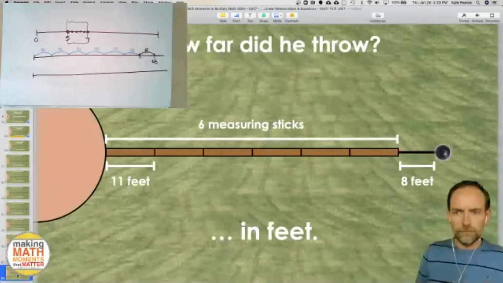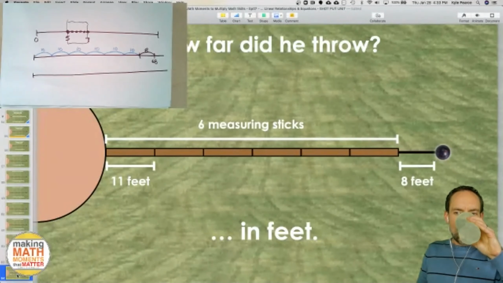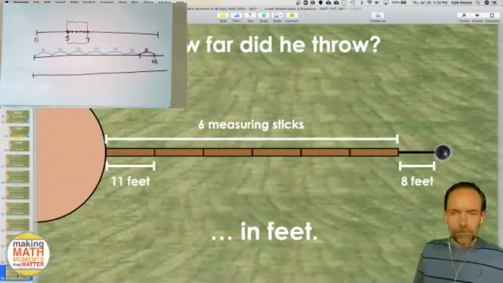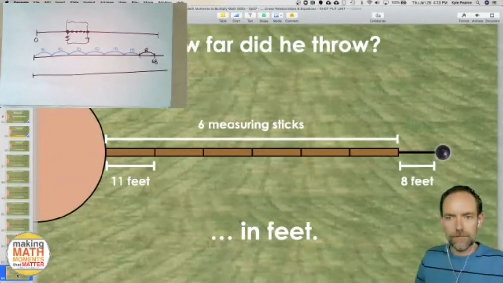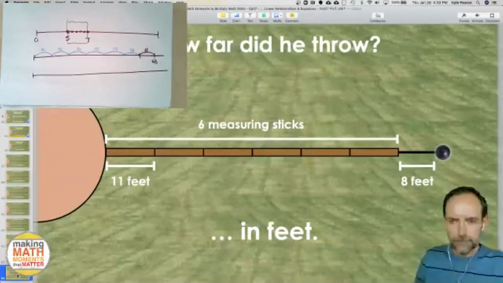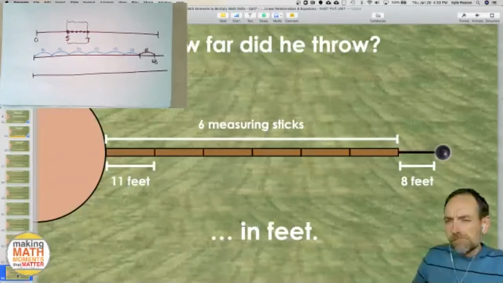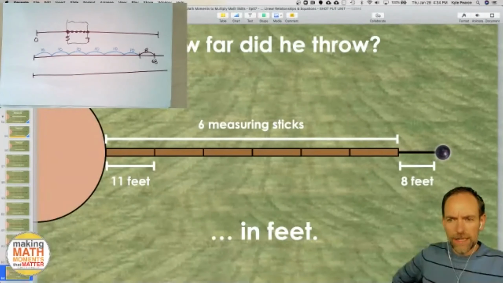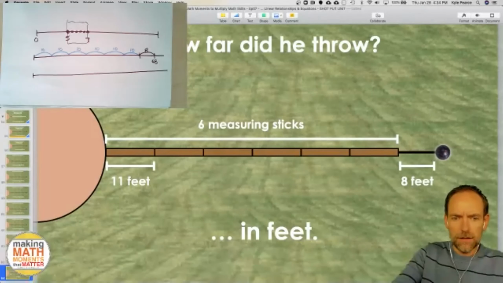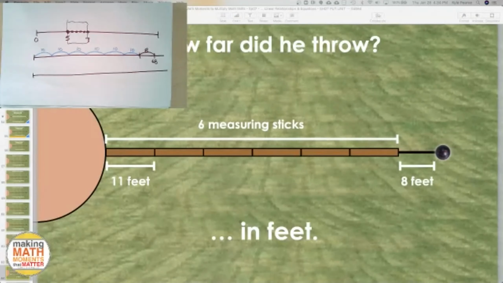Normally, if you've been with us before, you know that we will get you to upload some pictures of your work. That's coming. We're not doing it here on this particular problem. We're just easing into some of the thinking behind the sticks and the feet. But maybe you could try to model in your response what that might look like. So we'll give you a moment here. We'll wait for a couple more to pop in here. Take a look there. What are you thinking?